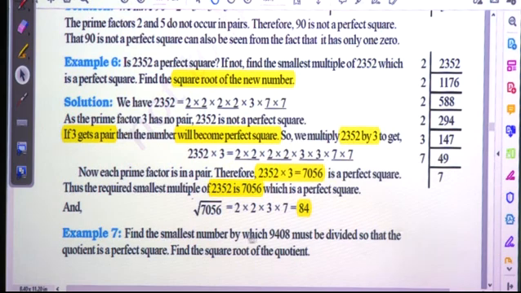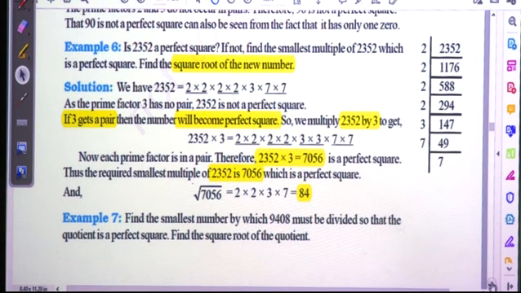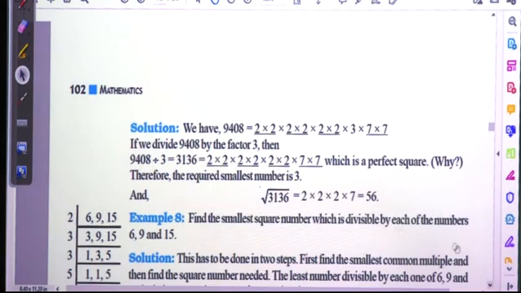Find the smallest number by which 9408 must be divided so that the quotient is a perfect square. 9408 is not a perfect square, so we cannot find its square root. Then by what value must we divide it so that the quotient is a perfect square? Let us see what the example says further.